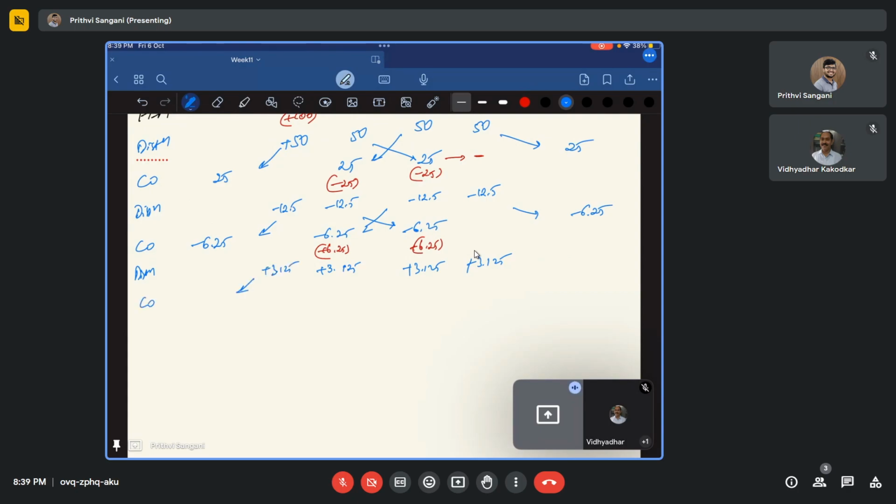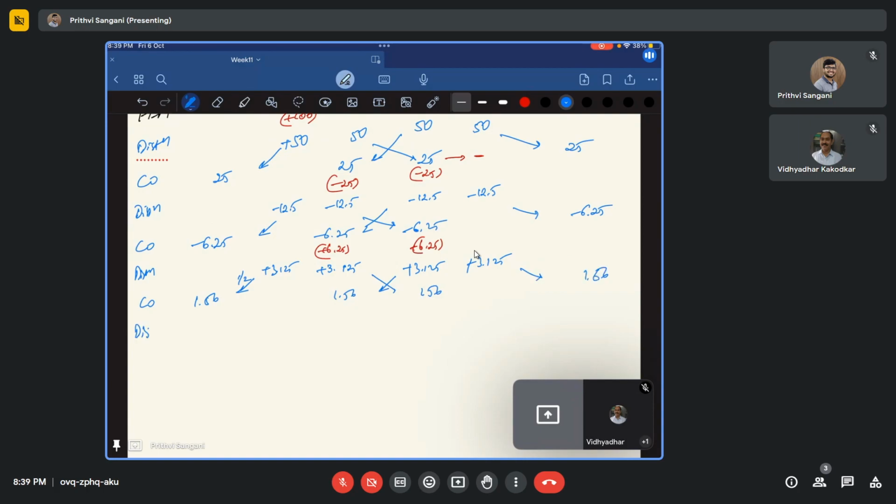Next is the carryover, half is carried over here. So plus 1.56, is it 1.56? Yeah, 1.56 here, 1.56 here, 1.56 here, and 1.56 here.